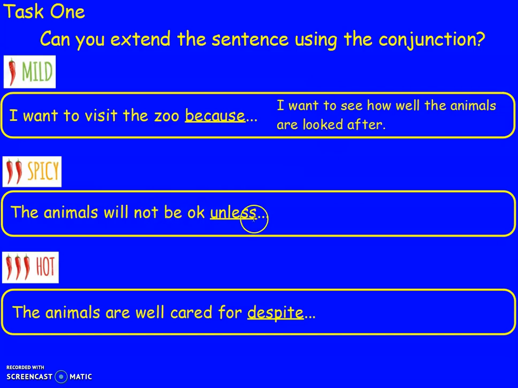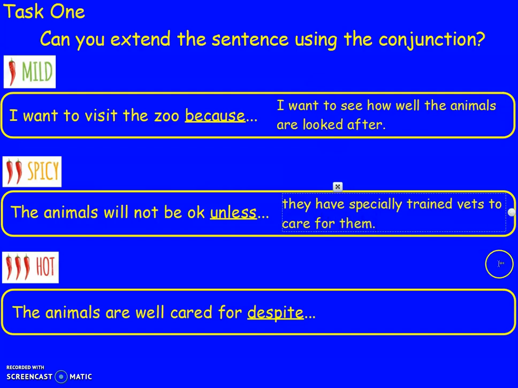Spicy, "the animals will not be okay unless they have specially trained vets to care for them." Okay, so you could have finished your sentence with something like that.